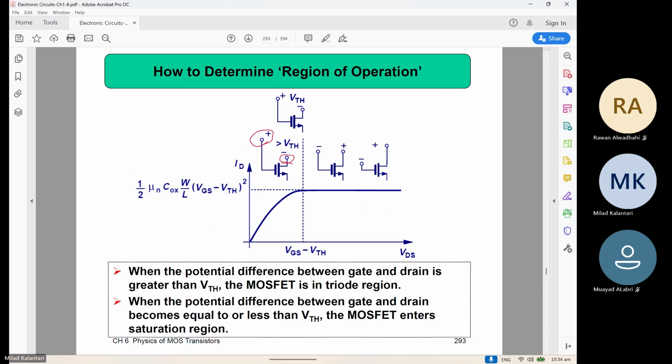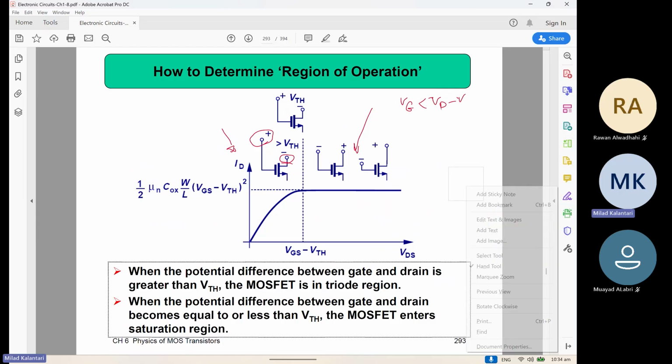The way to check whether the device is in the saturation region or the triode region is that for saturation, the gate voltage basically has to be less than the drain voltage minus V threshold. So if VG is less than VD minus V threshold, the device is definitely in the saturation region. Otherwise, we are working in the other region.